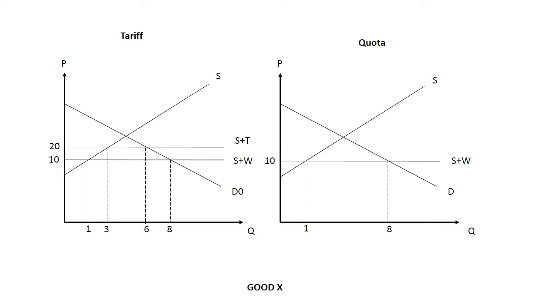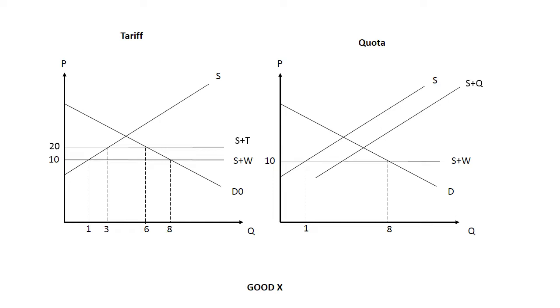Now we are going to use the same numbers for the import quota. Before the government imposes the quota, we import 7 units of good X from another country. If the government imposes an import quota, S plus W will shift to S plus Q. How many units of good X can be imported depends on the quota the government sets.